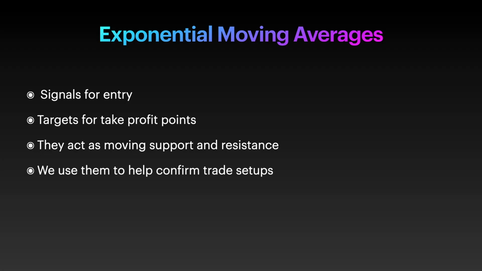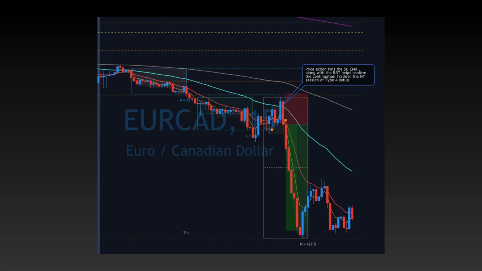We use them to help confirm trade setups. All right, so what does that look like? Well, here's an example of a type 4, right? Where you get a strong movement out of the Asia into London. You get a nice pullback. Where does it pull back to? It pulls back to the bottom of the range, which is essentially a type 4.